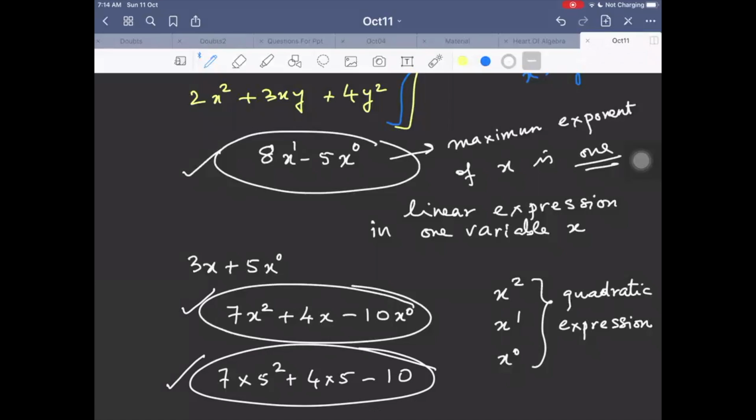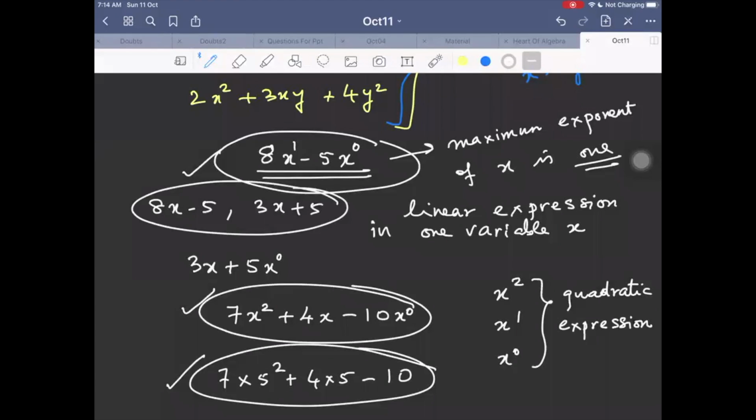And we can have expressions of the form, say, 8x minus 5 or x plus 5 and these kinds of things. And this is what we call a linear expression in one variable x, because the highest power of x is x to the power of 1.